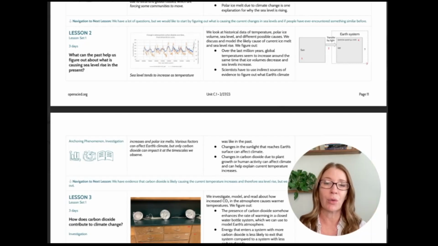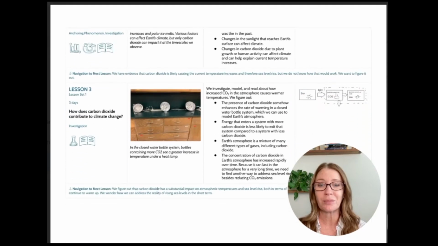And we start to think about what evidence we are using to support this and how this might relate to carbon dioxide, including human activity maybe releasing carbon dioxide, and plants absorbing carbon dioxide. So we start to think about how carbon dioxide relates to this data.